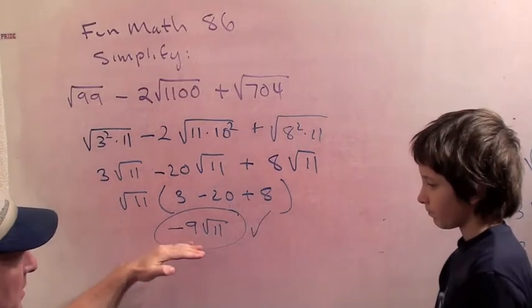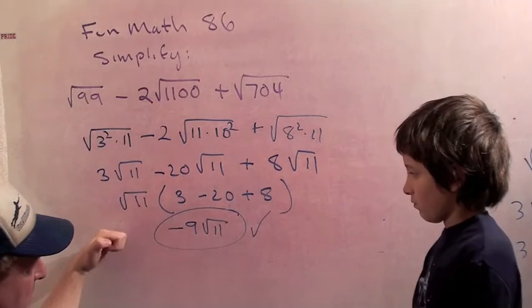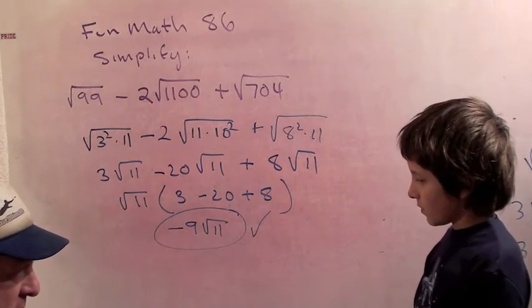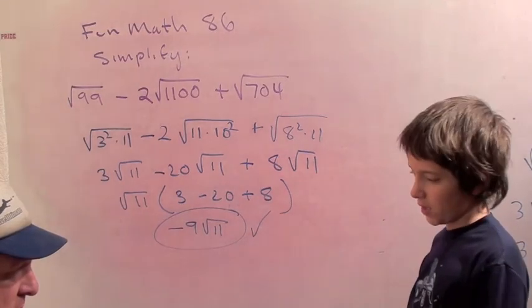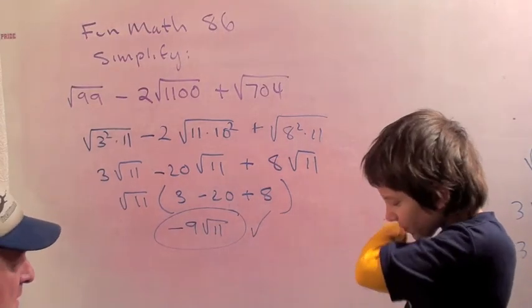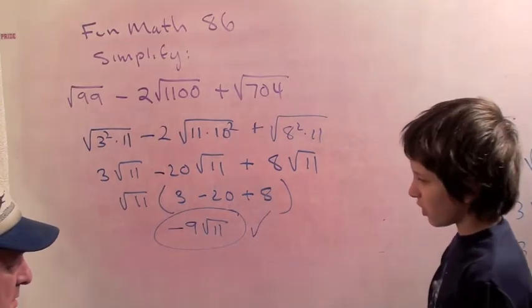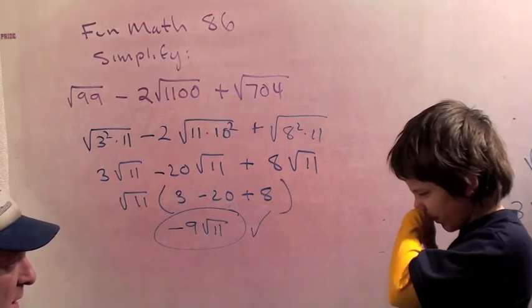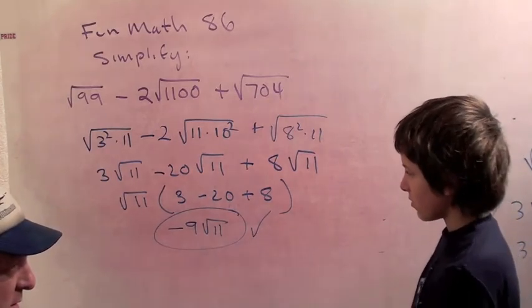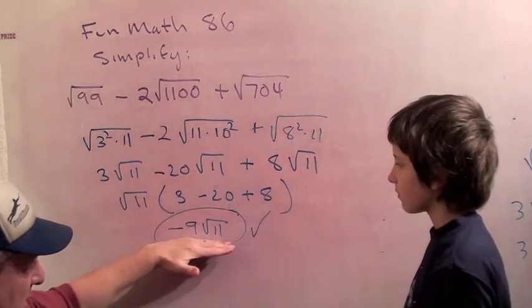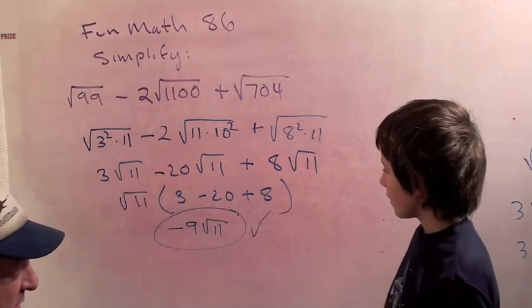Now, is it more negative than minus 27? Is it like minus 30 or more like minus 25? Why is this number more negative than minus 27?